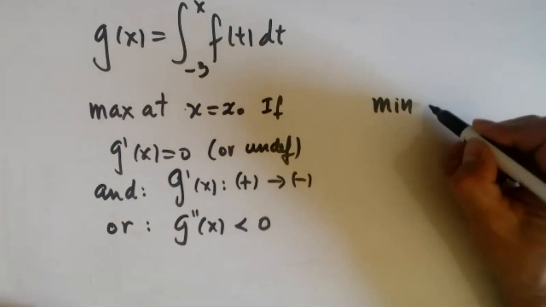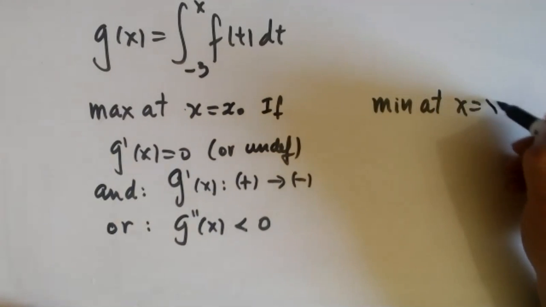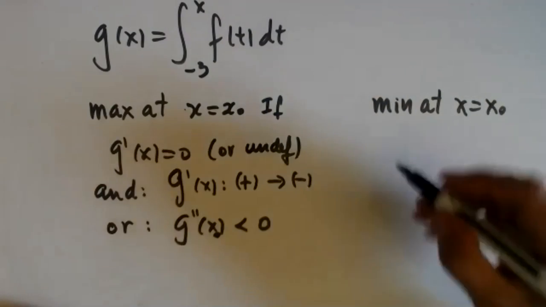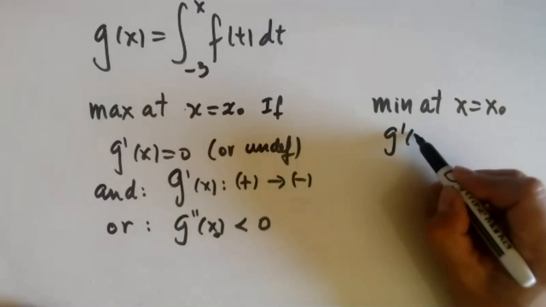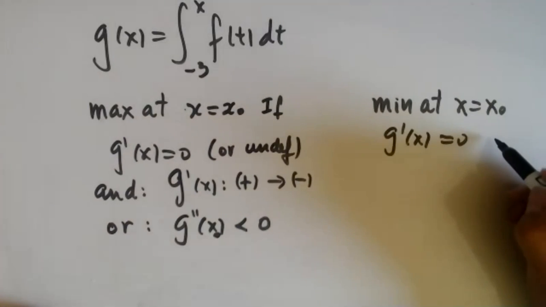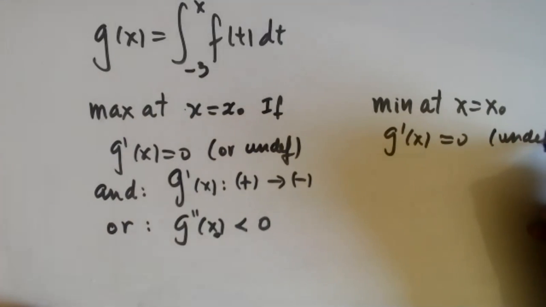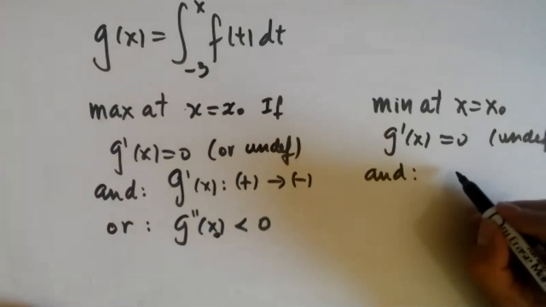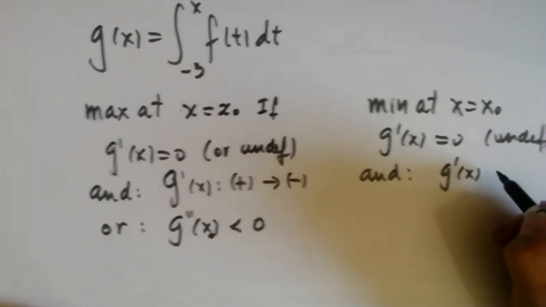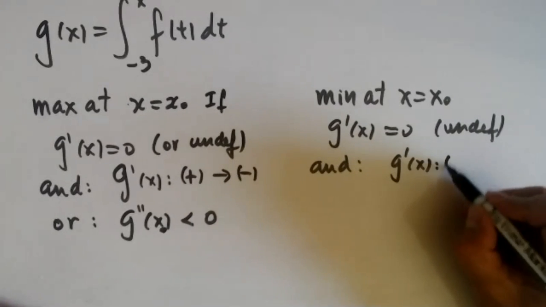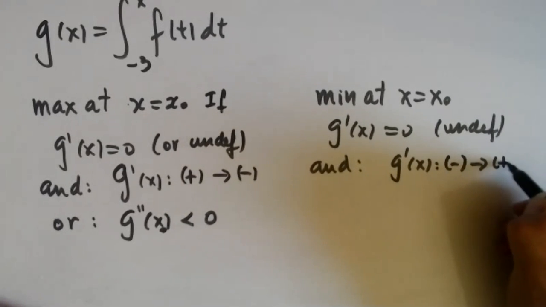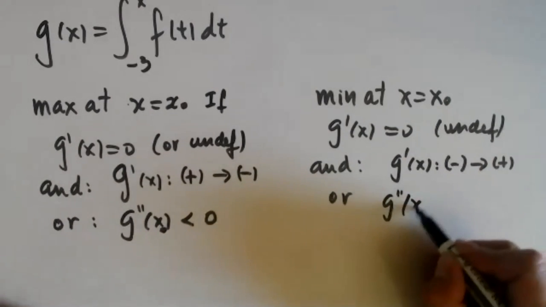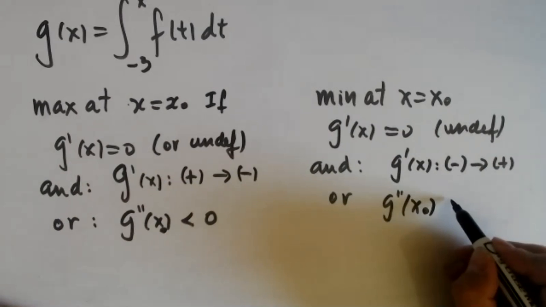Well, the min at x equals x0 if g prime of x0 is 0 or undefined, and the first criterion is g prime of x changes from negative to positive, or g double prime at x0 is positive.